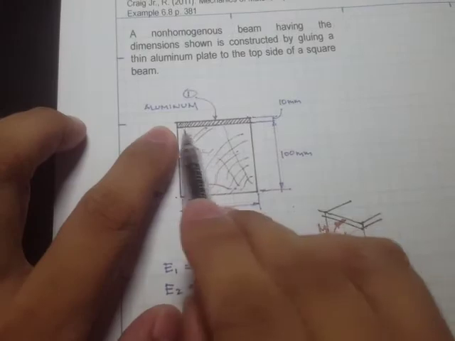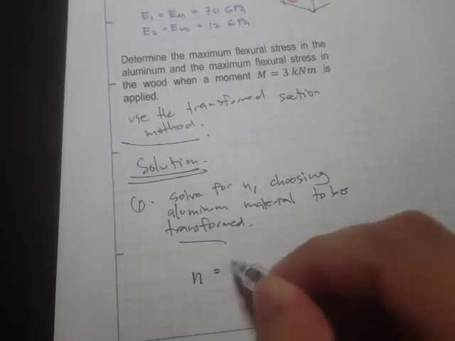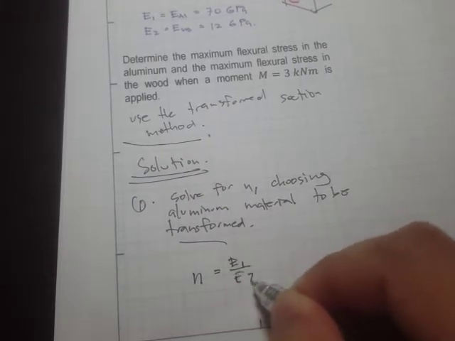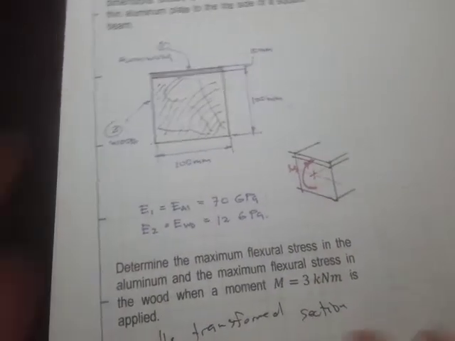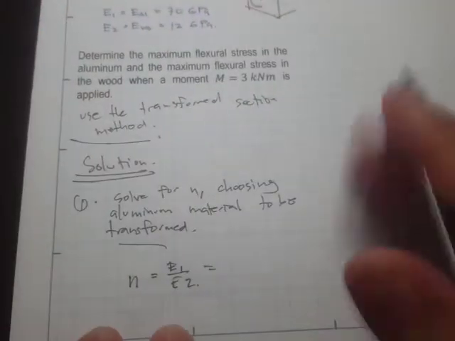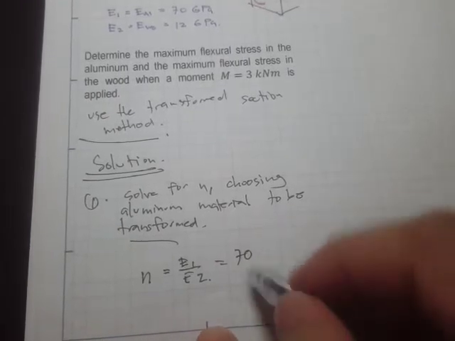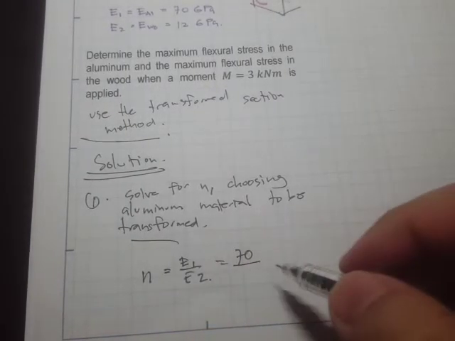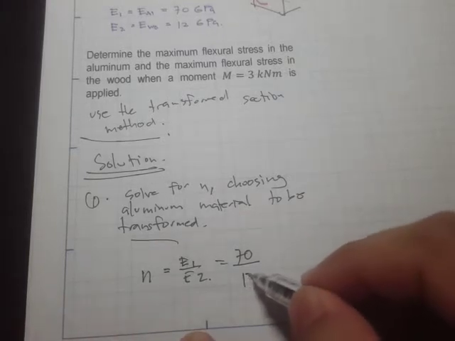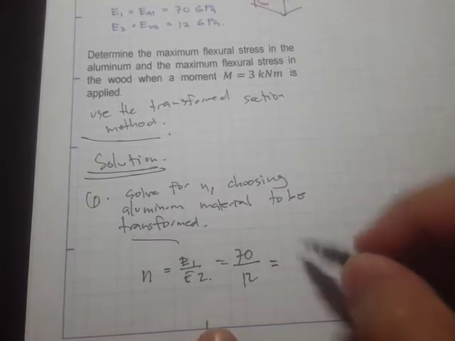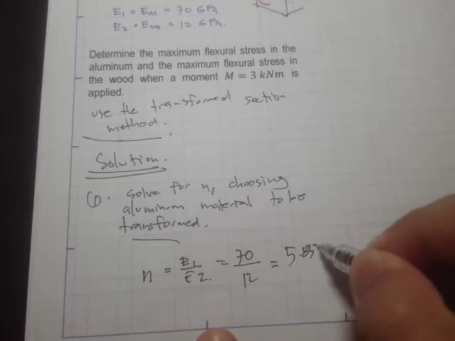In other words, we are going to transform this aluminum into wood. So n is equal to E sub 1 over E sub 2. What's the modulus of elasticity of our material 1, the aluminum? This is 70 gigapascals divided by 12 gigapascals, and what we get here is 5.833.